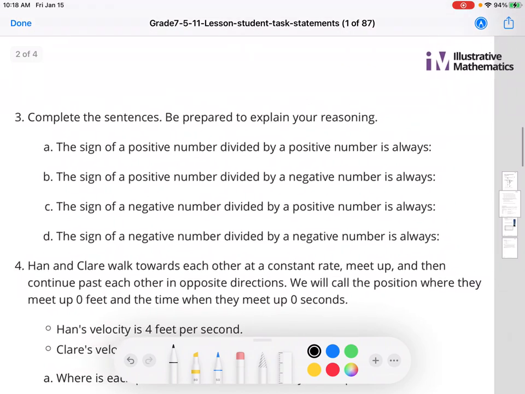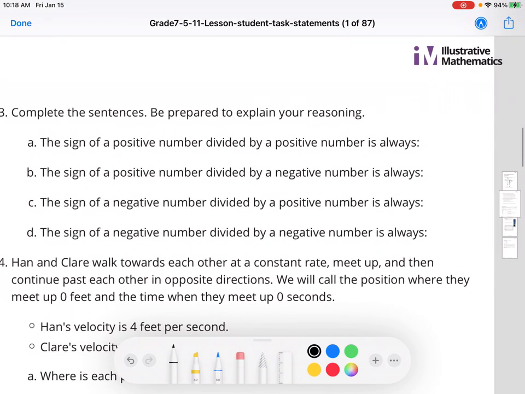On 3, it says complete the sentences and be prepared to explain your reasoning. A, the sign of a positive number divided by a positive number is always positive. B, the sign of a positive number divided by a negative number is always negative.